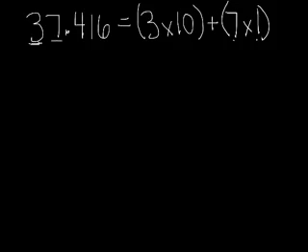The next thing we're going to need to do is look at our next place value. Our next place value is actually the tenths place. In this place, you're going to see the digit 4. That means we have 4 tenths in the number 37 and 416 thousandths. We're going to add these 4 tenths to our tens and to our ones, and we're going to say 4 groups of 1/10, or 4 times 1/10.